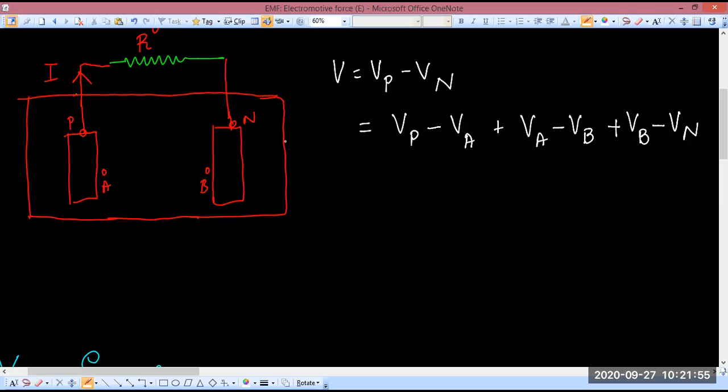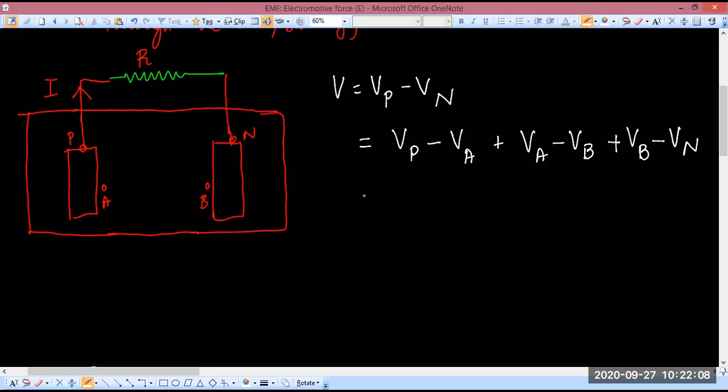So now what we are talking about over here is as follows. See, Vp minus Va and Vb minus Vn can be left aside for right now. Focus on this.